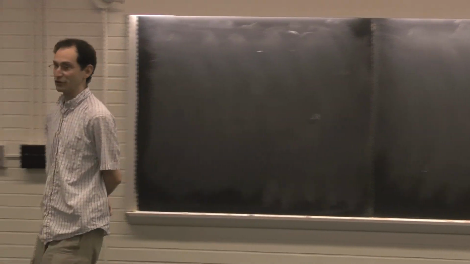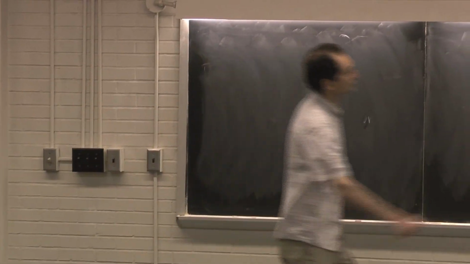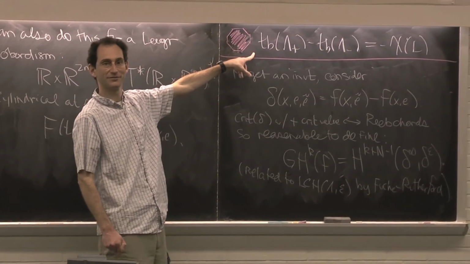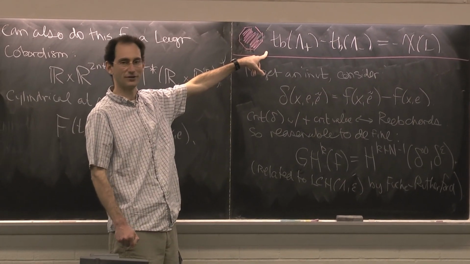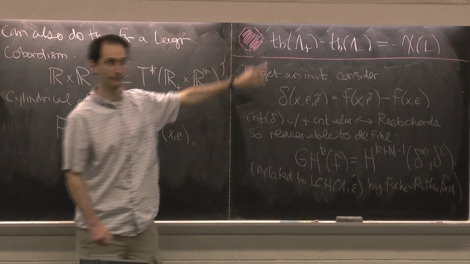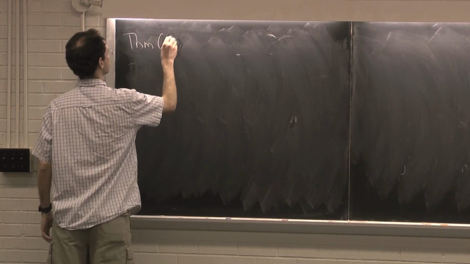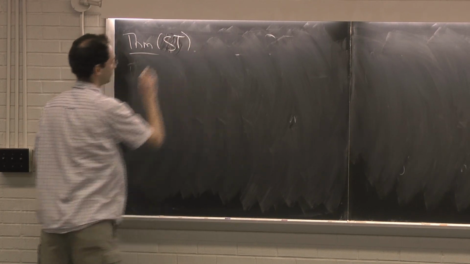Okay, so to get a TQFT structure out of this, what I'd like to do is take this equation, and if you allow me some fun language, categorify it. Okay, this is a theorem that Lisa and I proved.